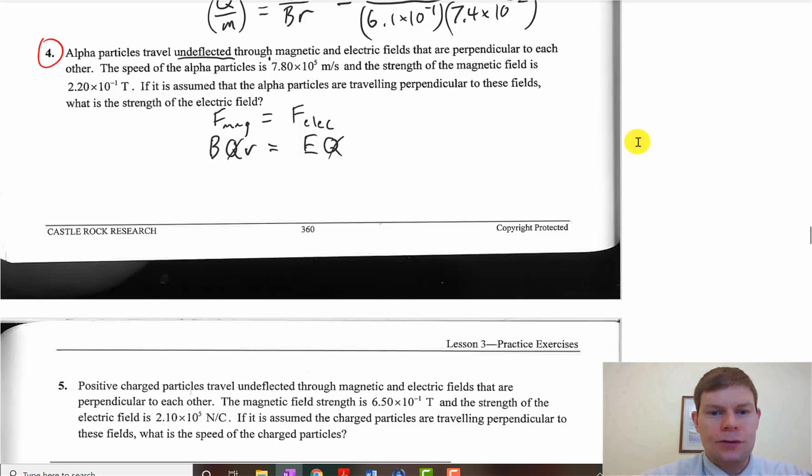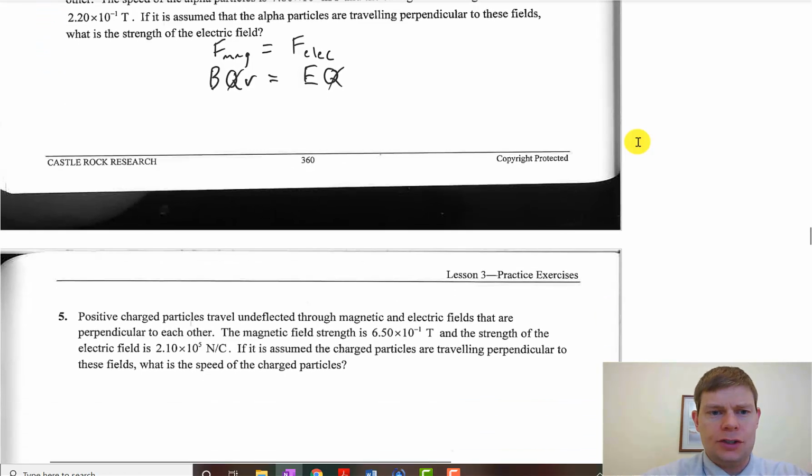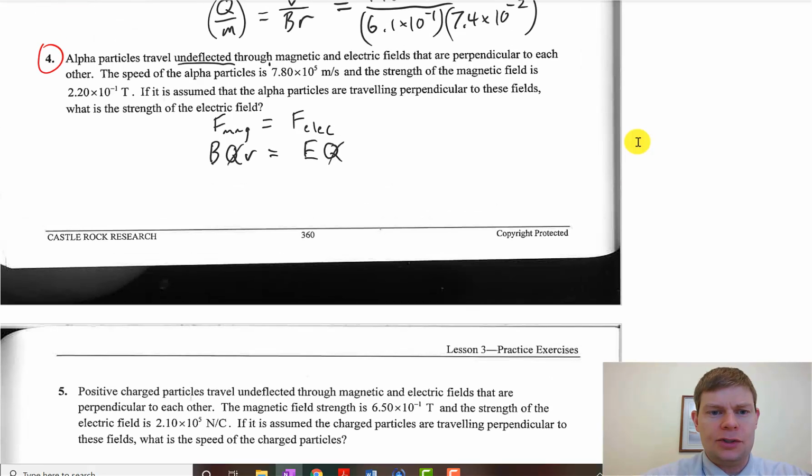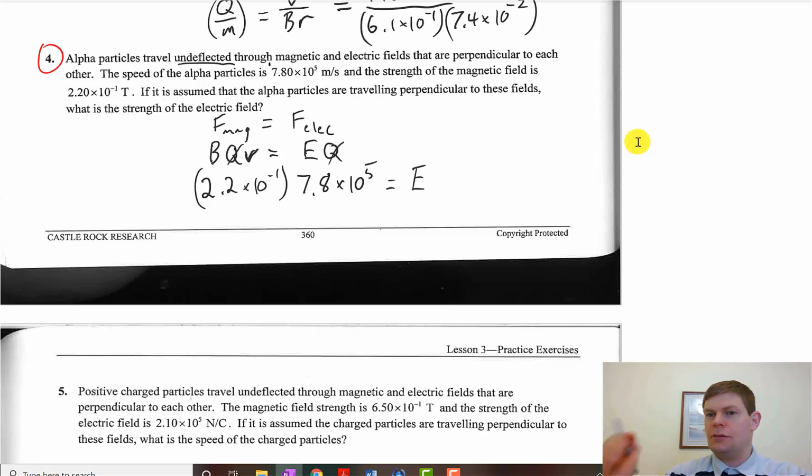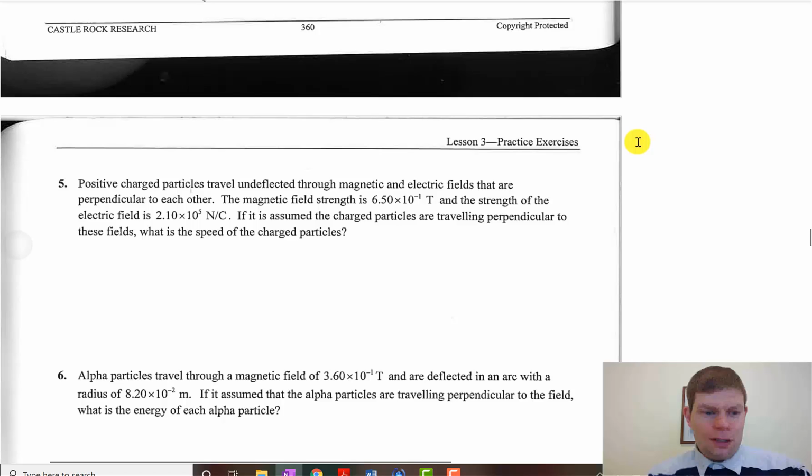And then we want to solve for the strength of the electric field, so it's really just the magnetic field strength times the velocity. This is a v, not an r. So we just do 2.2 times 10 to the minus 1, or 0.22, Teslas times 7.8 times 10 to the 5. That's going to equal your electric field strength. And that's it. On to the next guy.